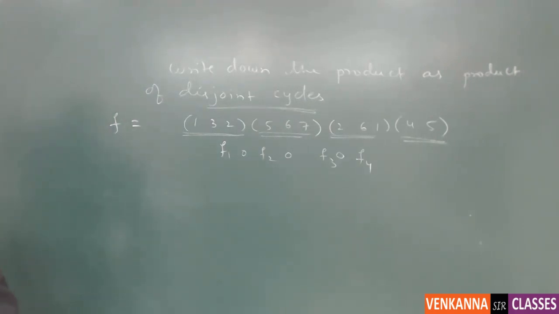So I have given the product of 4 permutations, which is nothing but F. So once finding the product, you have to represent the resultant permutation as a product of cycles. Clear? The concept of the problem?